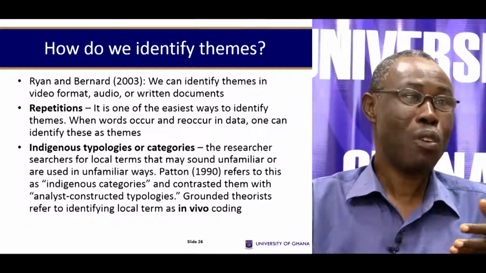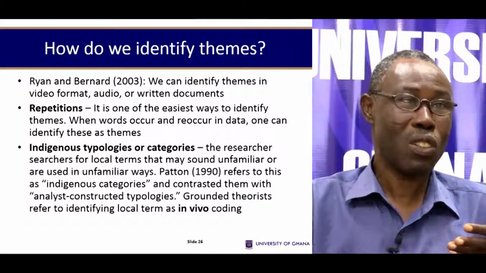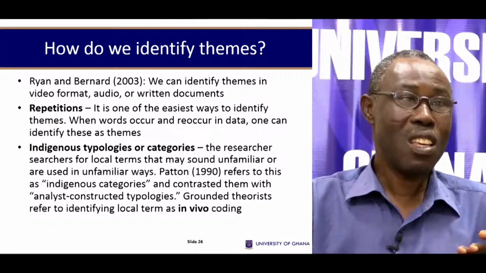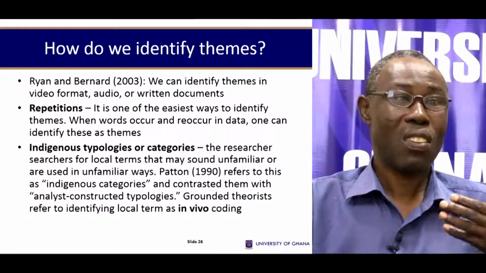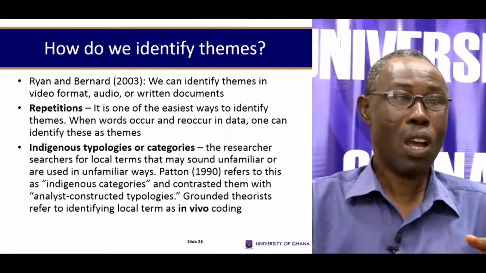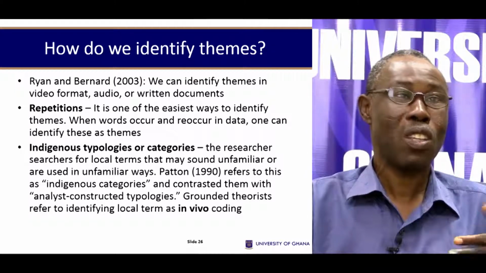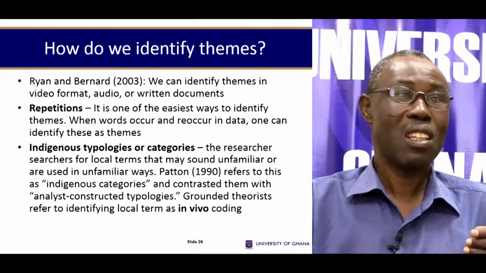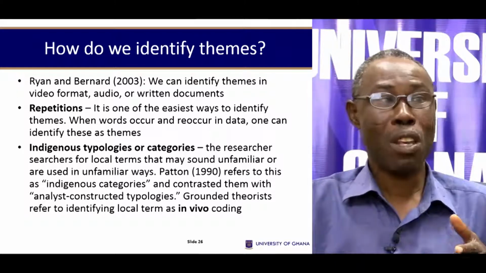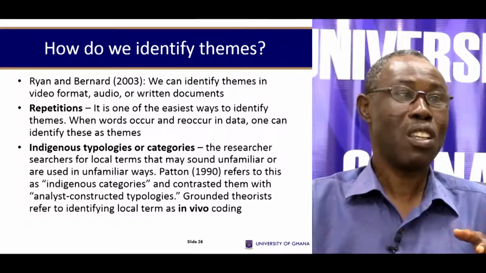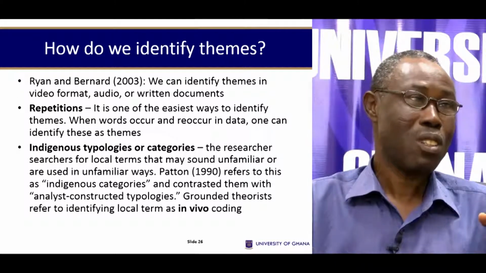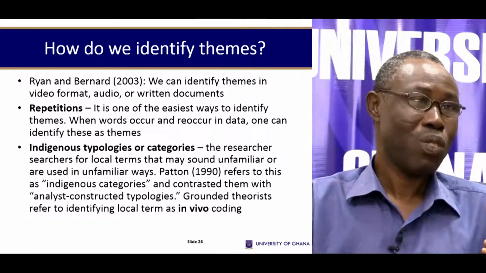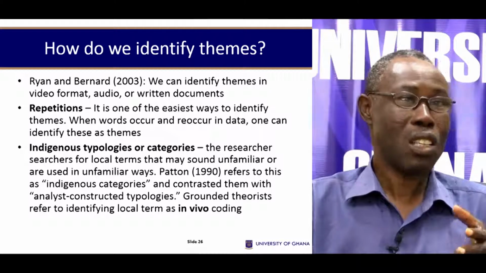We can also have indigenous categories. These are things that we identify through the local terms or issues that emerge from the data that sound unfamiliar or are used in unfamiliar ways. So there are certain things that may be uncommon to the issues that are presented.